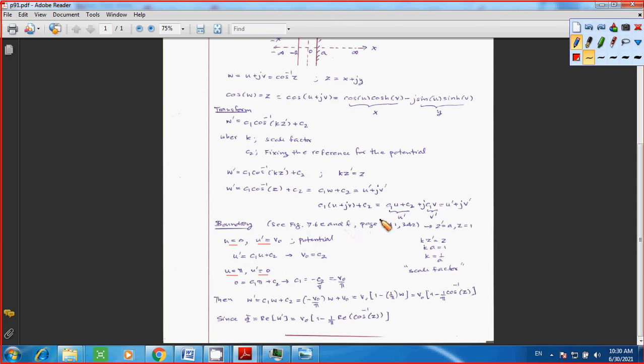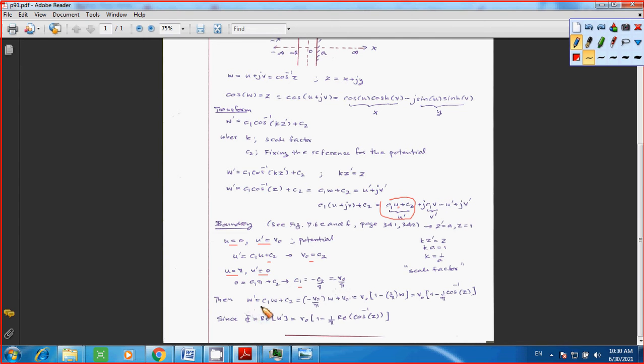Since you already have the relation between U prime and U, U prime is actually C1 U plus C2. So by applying the boundary conditions, you end up with C2 equal to V0, and for U equal to pi, U prime equal to 0, you end up with C1 equal to negative V0 over pi.